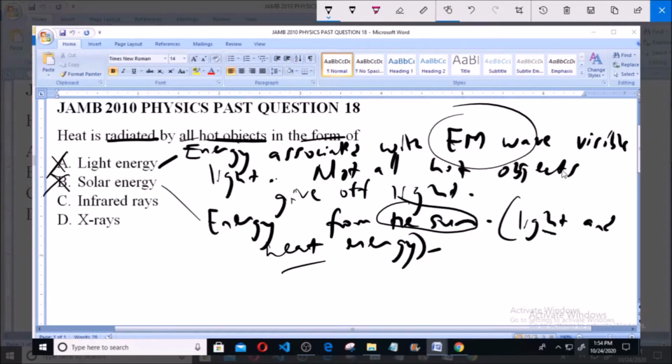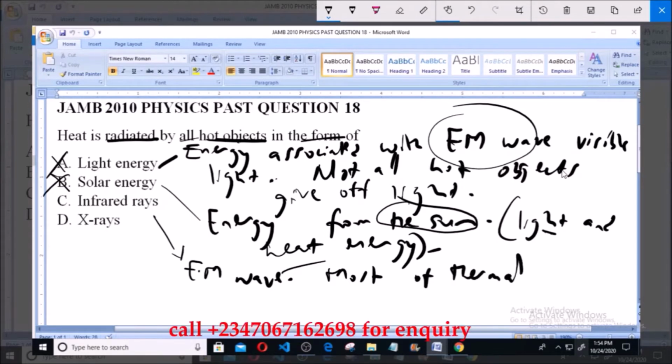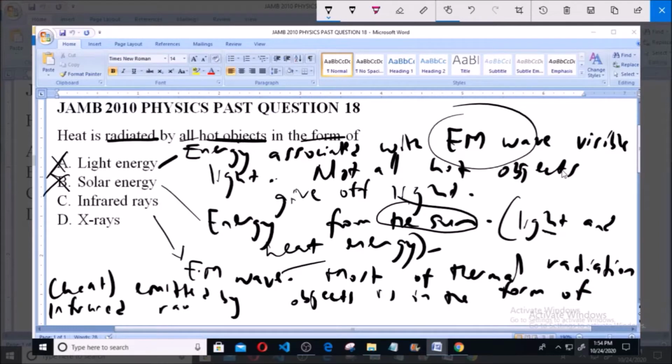Now option C says infrared rays. Now infrared rays is also an EM wave. It's also classified as an electromagnetic wave, and most of the thermal radiation is in the form of infrared rays.